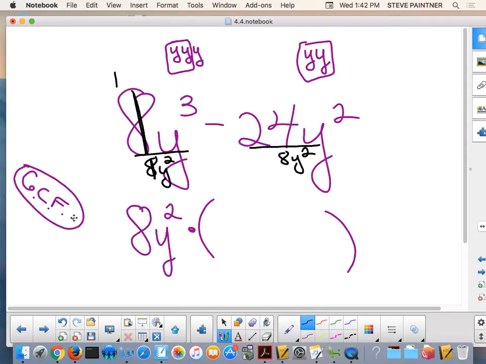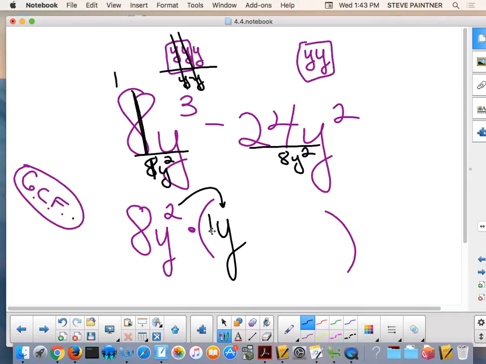With a y squared and a y cubed, you're going y times y times y divided by y squared. The y's cancel out, and what's left is one y. Is 8y squared times y equal to 8y cubed? Yes.